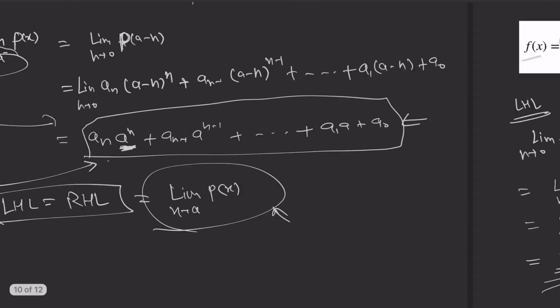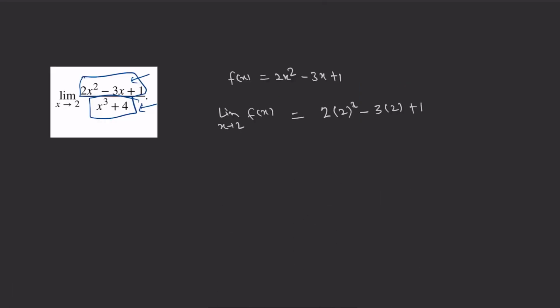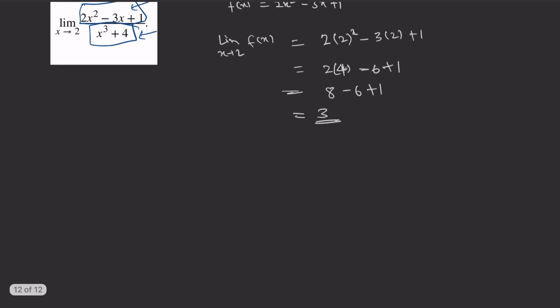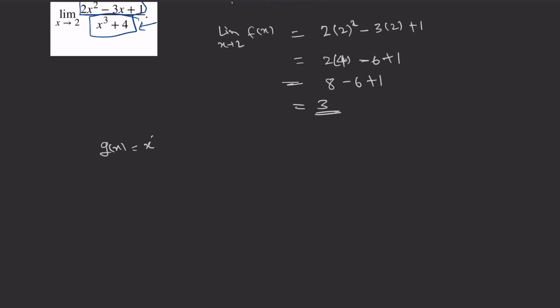So I'll put x equal to 2 and find the value: 2 into 4, since 2 square is 4, minus 6 plus 1, which is 8 minus 6 plus 1 equal to 3. Now I'll consider g(x) as x cube plus 4. The limit as x tends to 2 of g(x) is 2 cube plus 4, so 8 plus 4, which is 12.